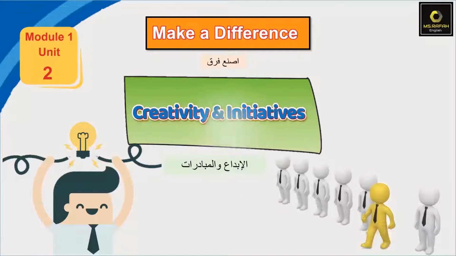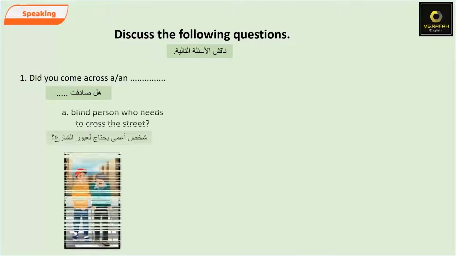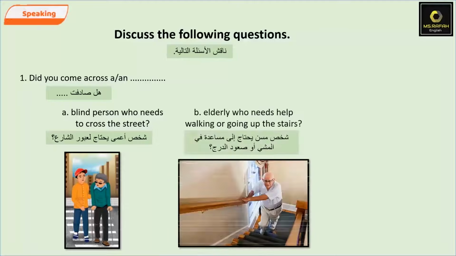Let's start with speaking. Discuss the following questions. Did you come across a blind person who needs to cross the street? An elderly person who needs help walking or going up the stairs?